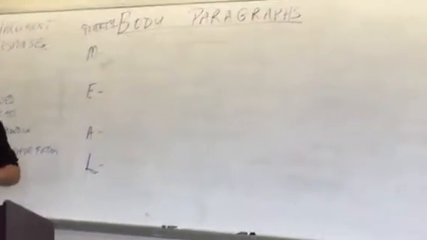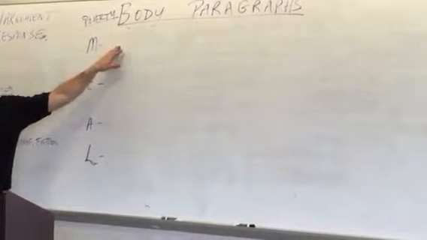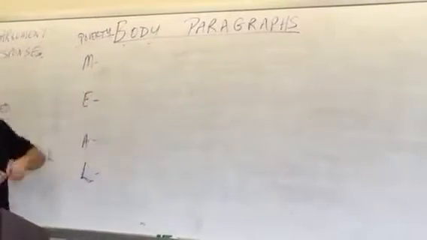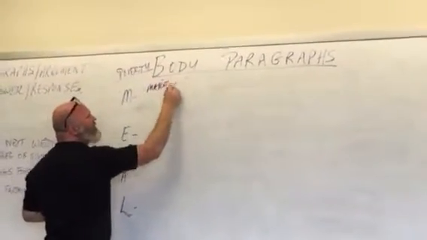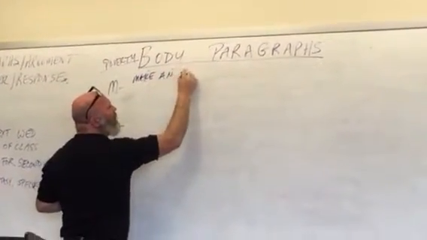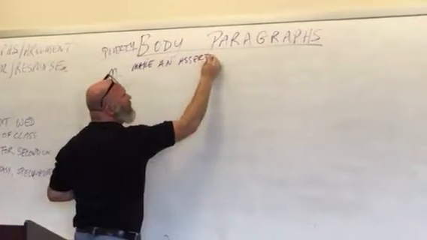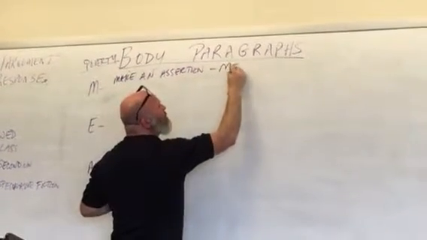This MEAL format was not something that I came up with. Like most ideas, if they're a good idea, I steal it, and then I modify it. So you can look online and type in MEAL format writing, MEAL format paragraphs, and you will find many links. The M, you're writing this down, stands for make an assertion, or main idea.